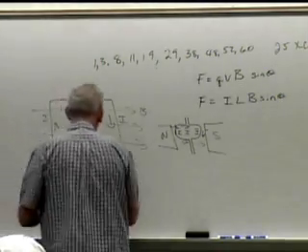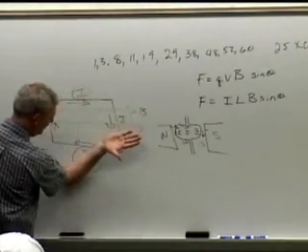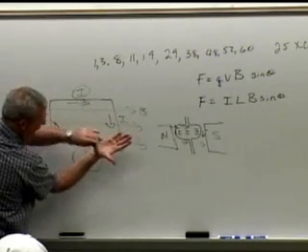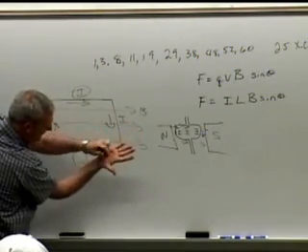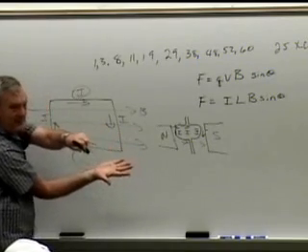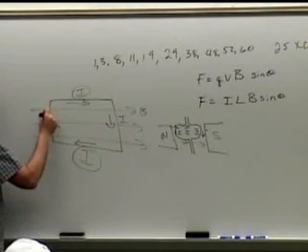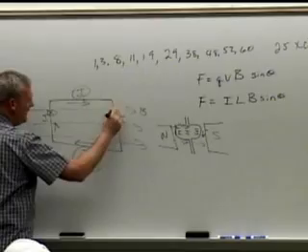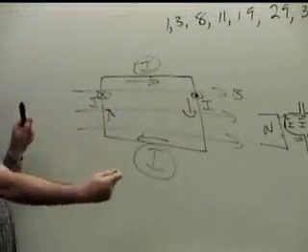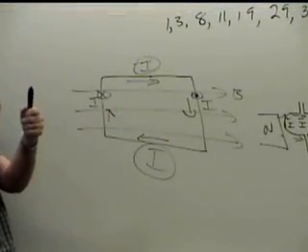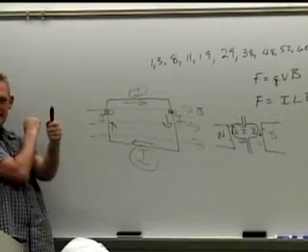Since this one is going down, and we got a magnetic field going this way, it's feeling a force going like this. So we got a force going in here, and we got a force coming out here. So what's that do? Spins it. Spins this thing.